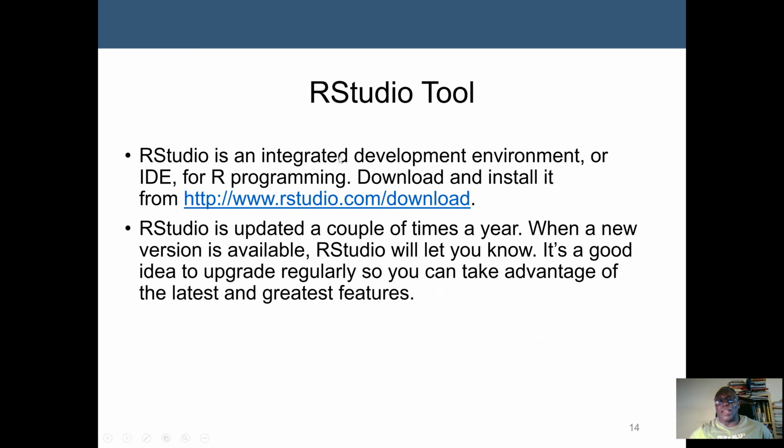RStudio is more like an IDE, an integrated development environment, because RStudio has the output screen, the console, the Explorer, etc., all in one window. So we need to download it.